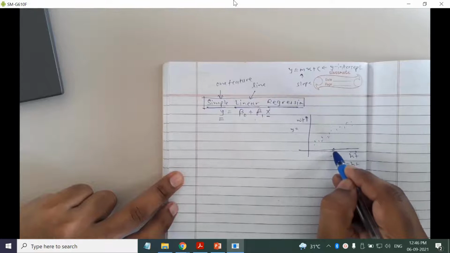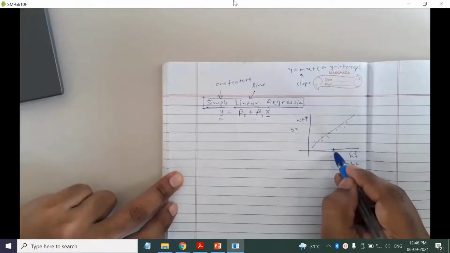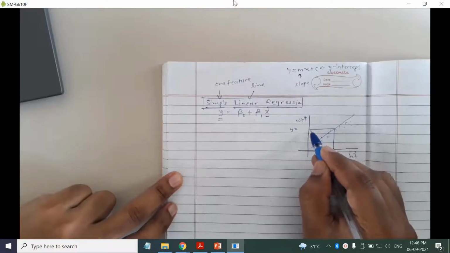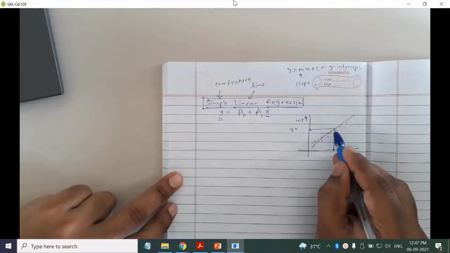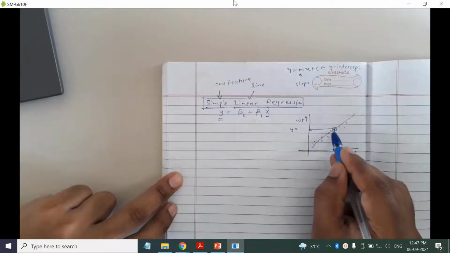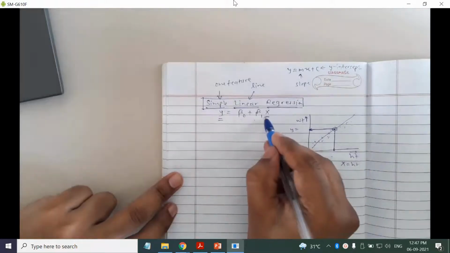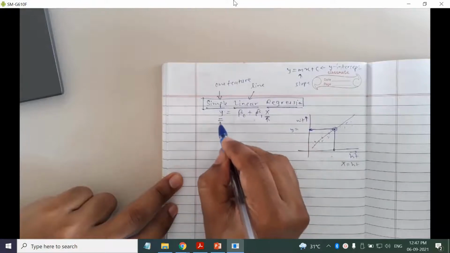We'll have a regression line. For this height, what is the corresponding weight value? We'll go upwards and return that particular y value, right? So x will be given for the given sample and y is the actual output.